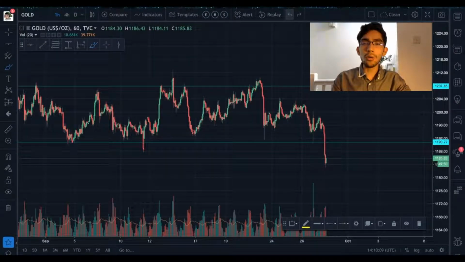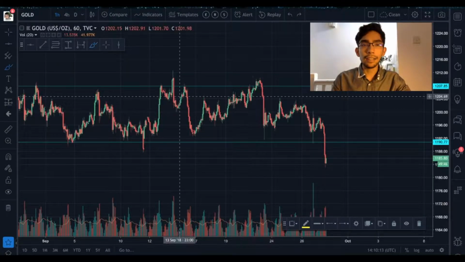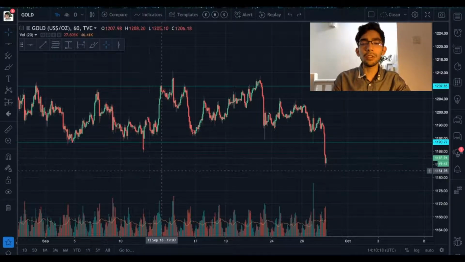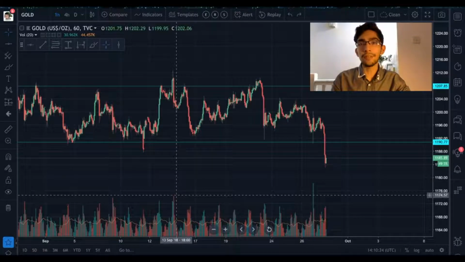So now that you know about these ranges, you have to take a look at the volume. And something that I like about gold is that the volume is very predictable. You can actually see it, and there's moments that the volume spikes a lot and there's moments that the volume just goes off. The reason is because whenever you're having a price movement to the upside, you want that to be accompanied by volume.